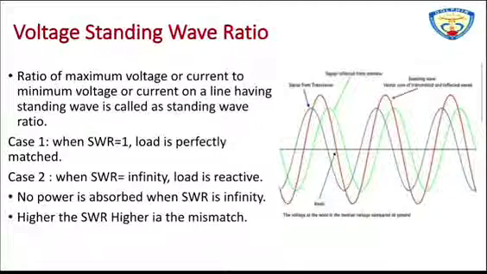Next is the voltage standing wave ratio. Earlier we have seen that there are the backward wave and the incident wave, and due to the superimposition of both these waves, a standing wave is generated. The standing wave is simply the vector sum of the transmitted and the reflected wave. The diagram here shows the wave nature of the voltage.